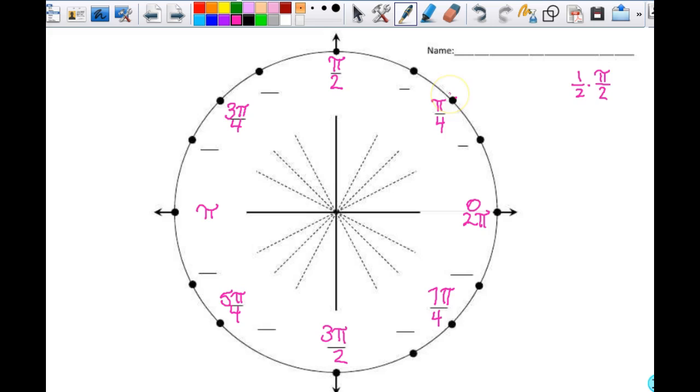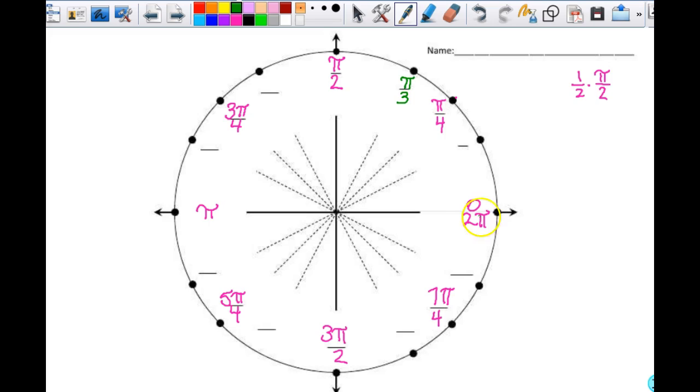From 0 to 180, if I think of from 0 to 60, how much of 180 is 60? A third. So I want a third of pi. What would this be here then? What's a third of pi? Pi over 3. If 180 is pi, then 60 is pi divided by 3. Does that make sense to you?